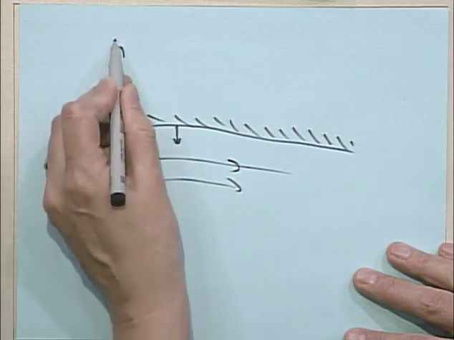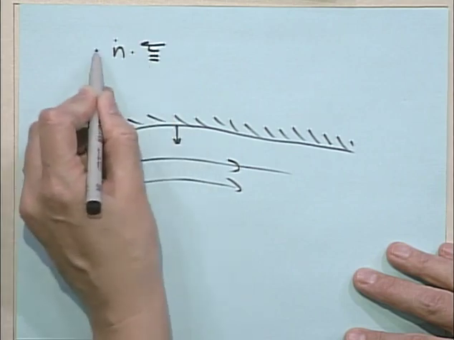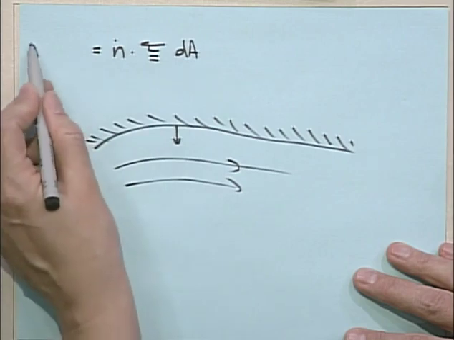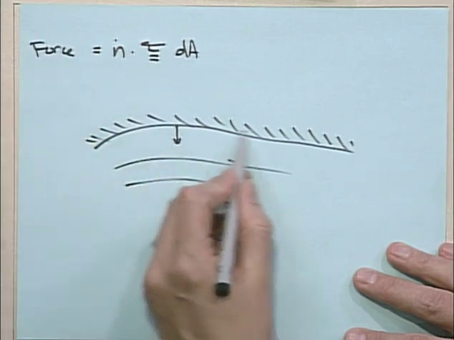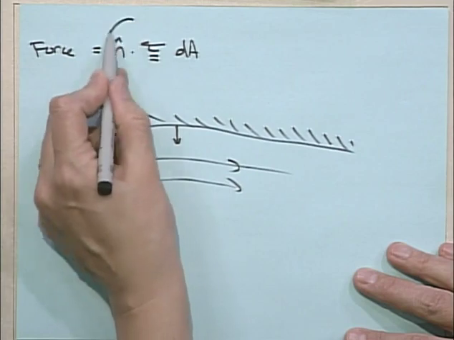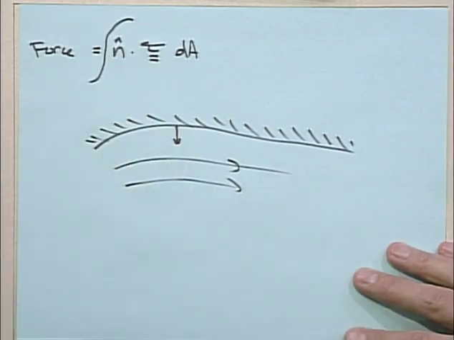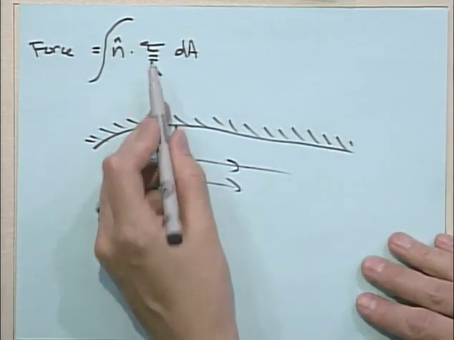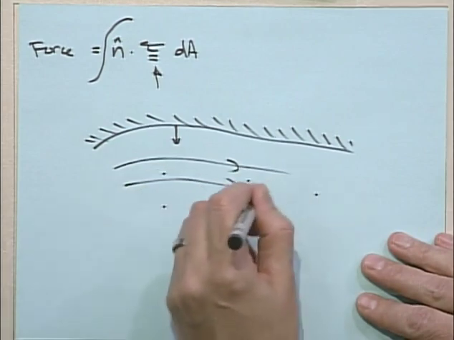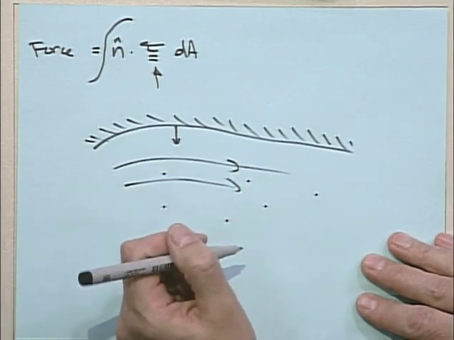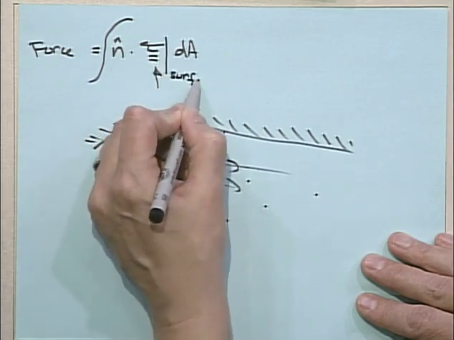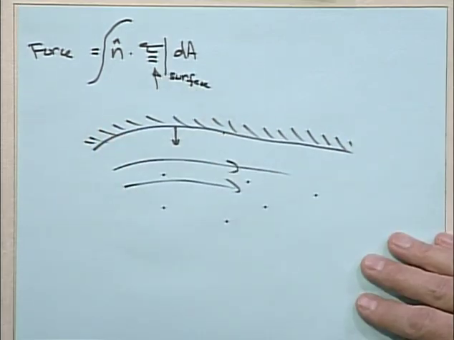So the unit normal dotted with the stress tensor, times a little piece of area, is equal to the force. If we integrate it over the whole area, we get the total force. So that's the general equation. And this is why we need the stress tensor. The stress tensor is the state of stress at any point. These points out here are interesting if you're interested in what's in the middle of the fluid, but it's very often the stress at the surface that's of interest to us.